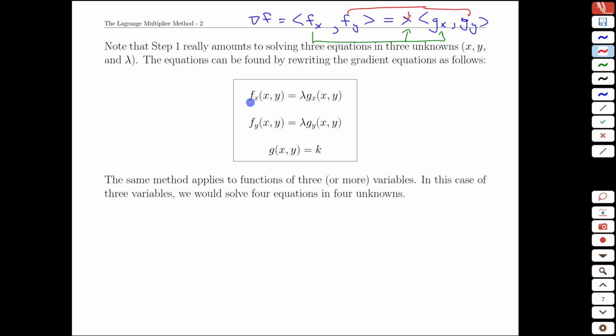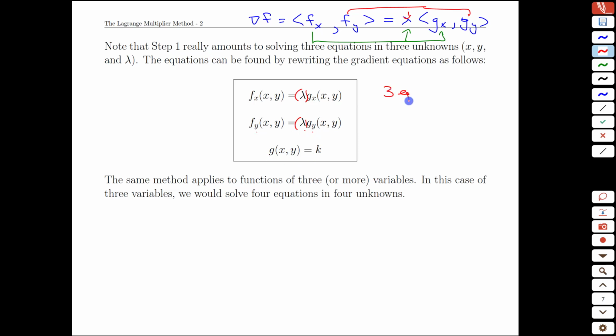That translates to the x partial derivative of f is the same as the x partial derivative of g with this lambda multiplier involved. And likewise, the y partial of f equals the y partial of g, again with that lambda multiplier involved, and then we have the constraint itself.